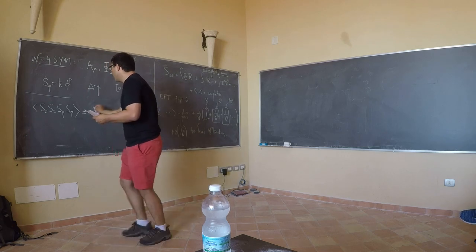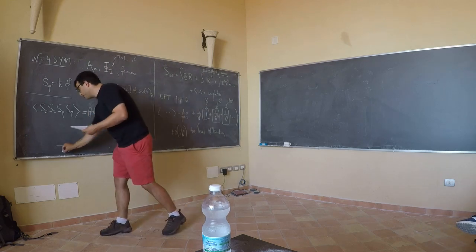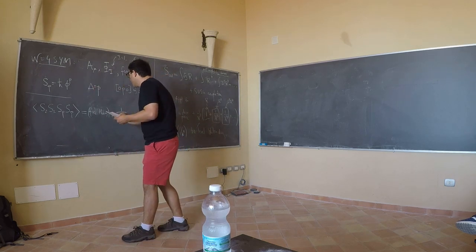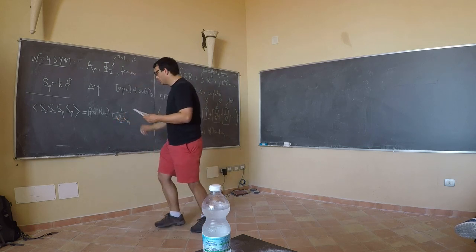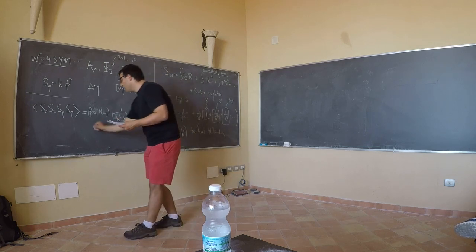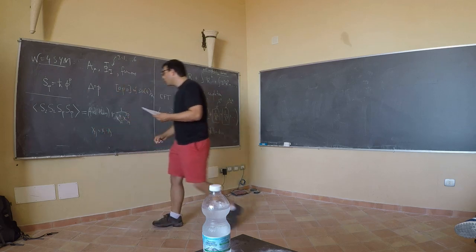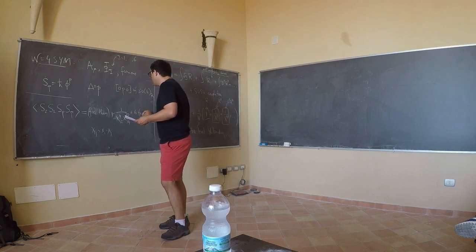It's got some free theory part plus 1 over x12 to the 4th, x34 to the 2p, where xij is xi minus xj, times 6 functions of u and v.